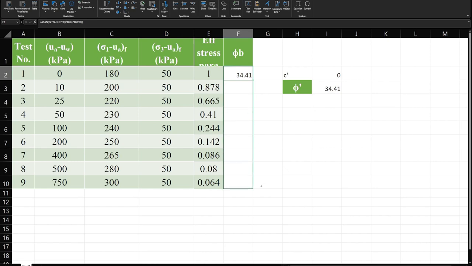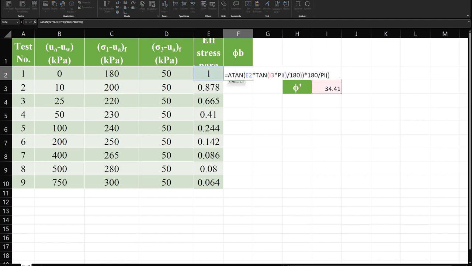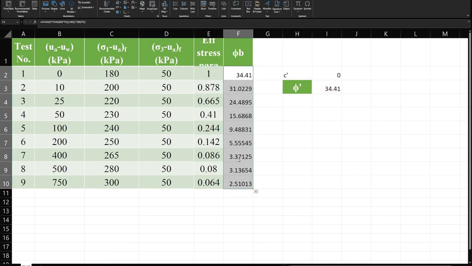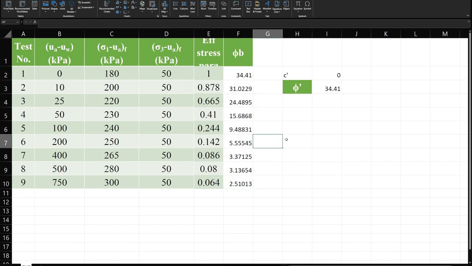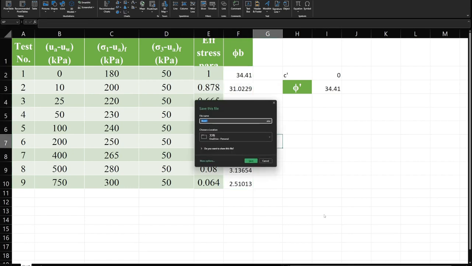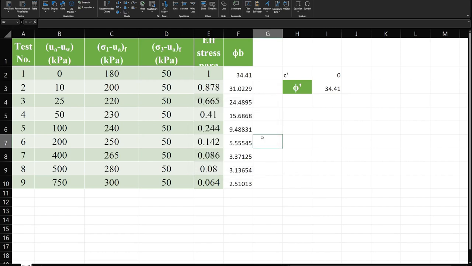Then we can copy these values down. Here what we need to do is fix this I3 value, so we'll press F4 and now we can do it for all the values.